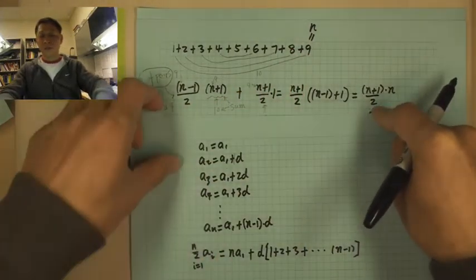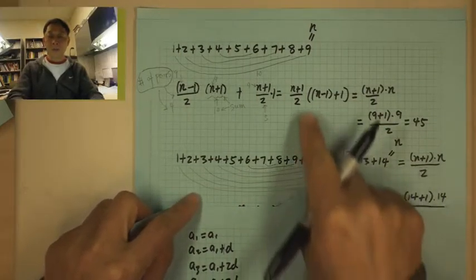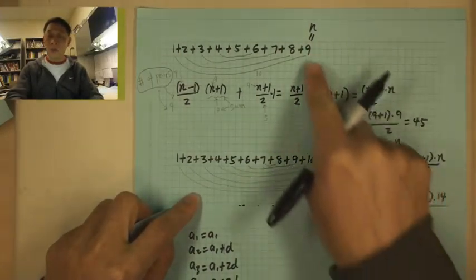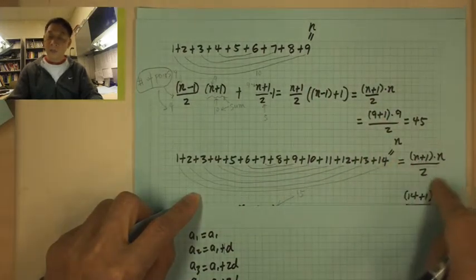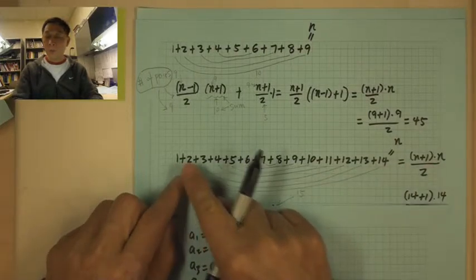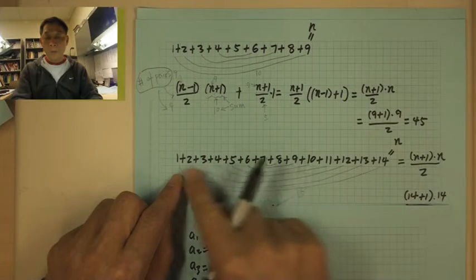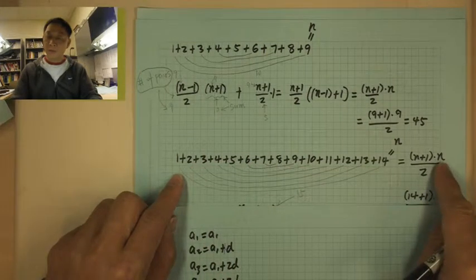So is the case for the following one. It doesn't matter if it is an even number or an odd number, you end up with the same formula: the first term plus the last term times the number of terms, in this case n terms, divided by 2.